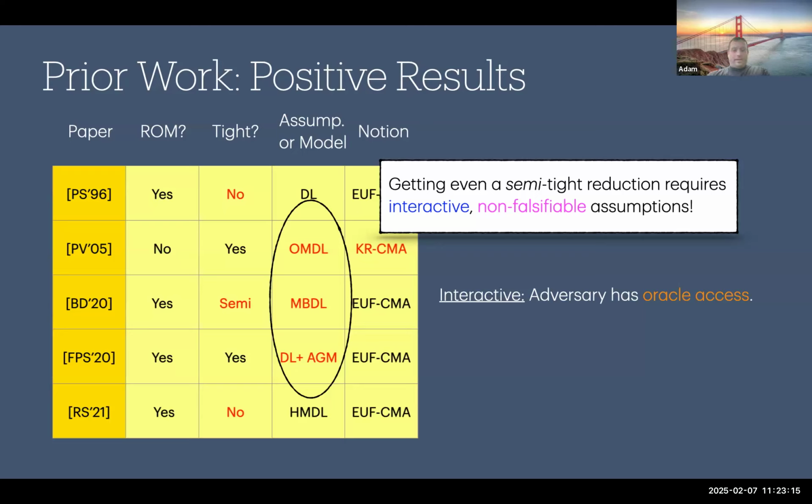I forgot the exact assumption, but it's not that important. It's much stronger than discrete log, because the adversary can query this oracle. It's more power to the adversary.